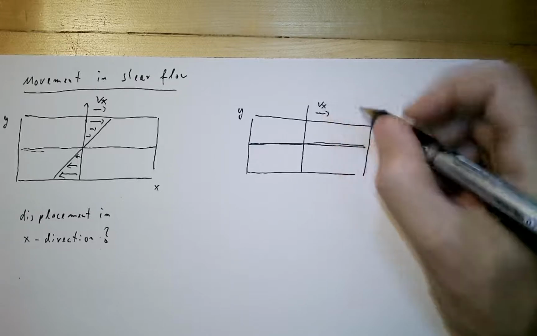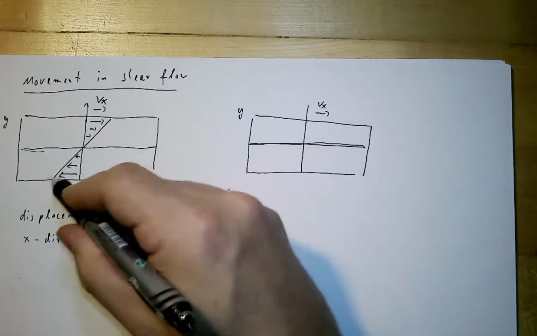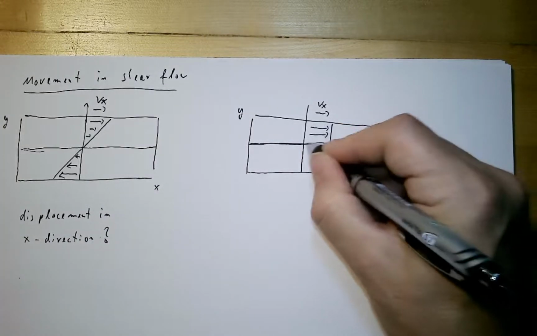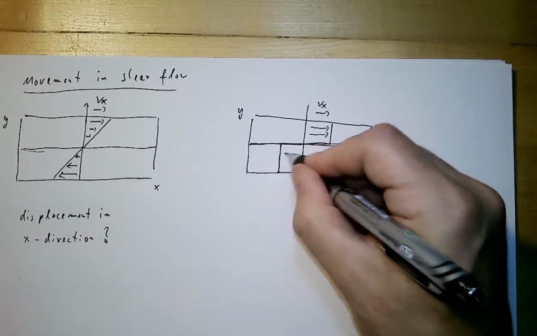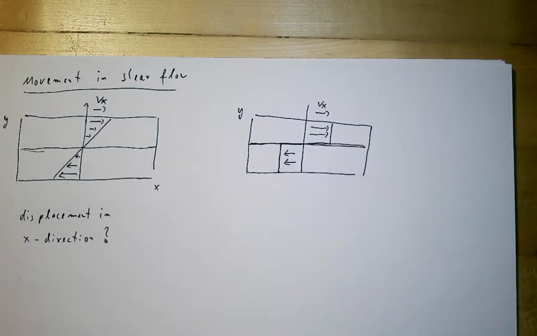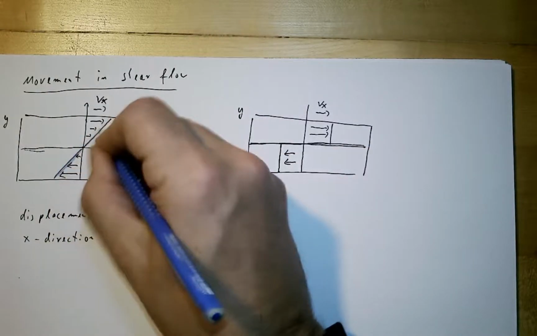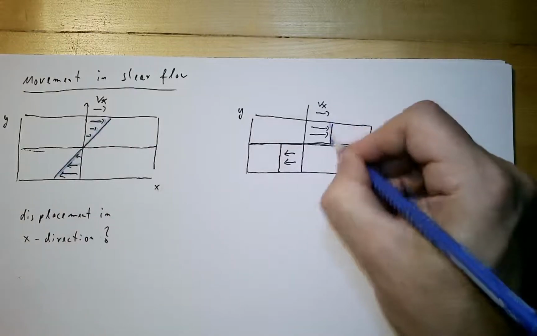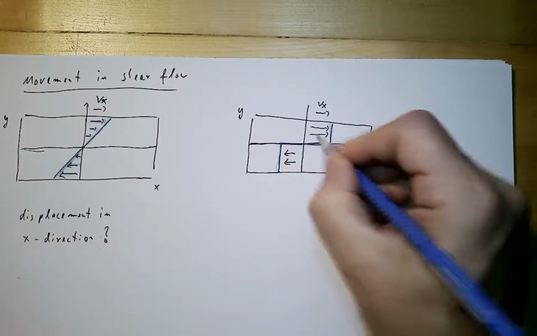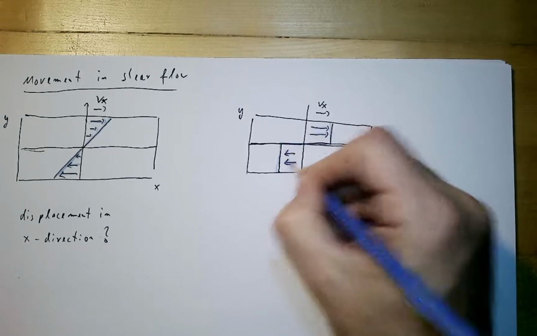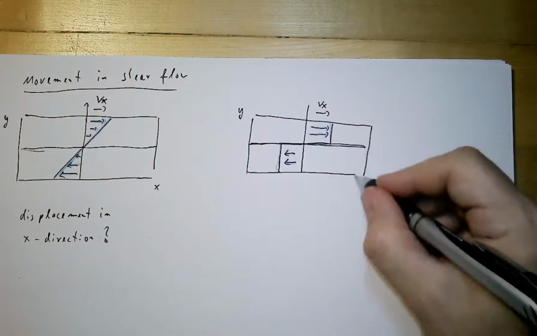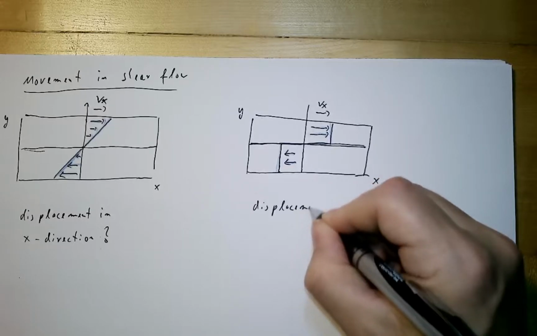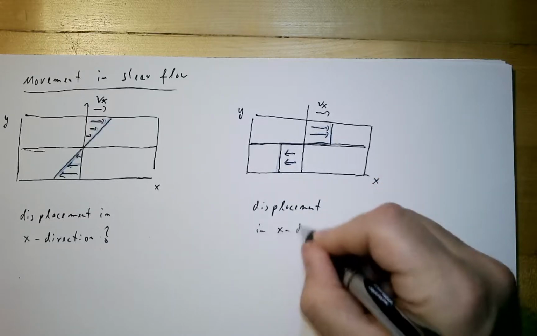So our x component of the horizontal velocity is not decaying linearly, but in the top layer we always go to the right with the same velocity, and in the lower layer we go to the left with the same velocity. So now we have a vertical profile of the horizontal velocities which is a step function. And now we want to know again the displacement in x direction.